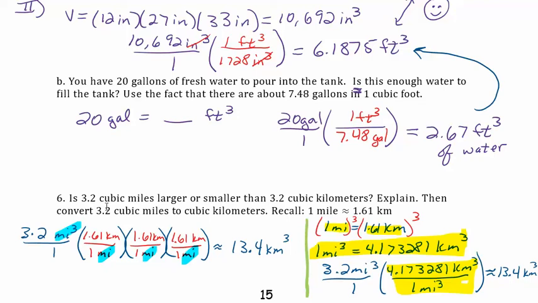Now, as far as what's bigger, 3.2 cubic miles or 3.2 cubic kilometers, a mile is more than a kilometer. You can go back and look at the last section where we had some diagrams of that. So a cubic mile would be more volume than a cubic kilometer.